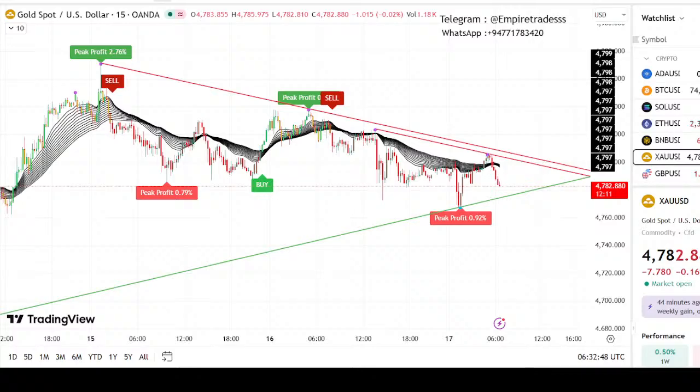For example, in a standard lot, each pip is worth $10, in a mini lot, $1, and in a micro lot, 10 cents. Consequently, larger lot sizes can lead to higher profits from small price movements, but they also increase the potential for significant losses. Traders must therefore align their lot size with their risk tolerance and account balance to avoid overexposure.